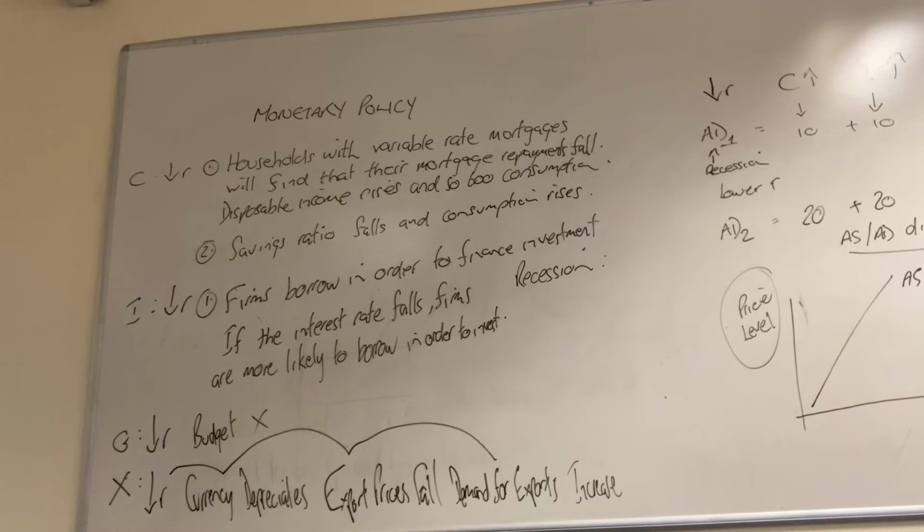And then we're going to draw AD1 and AD2. Now, AD1 has quite a low value for aggregate demand, not much demand, and then a bigger value for AD2. So there's AD1, and then here's AD2 to the right. Because the values are bigger, 35 then gone up to 87.